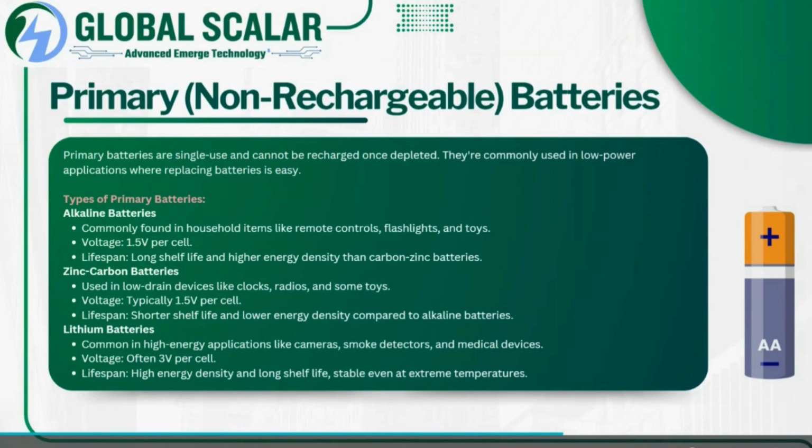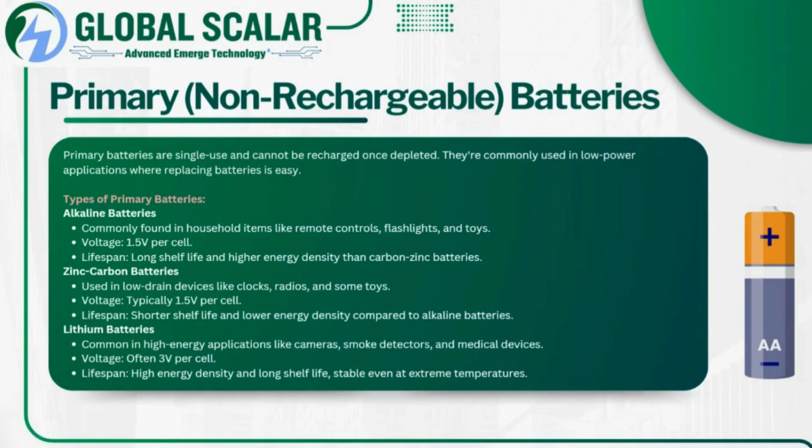Lithium batteries often supply 3 volts, and are mostly used in cameras, smoke detectors and medical devices. These are some examples. Every battery has its own lifetime and voltage, and its own applications.